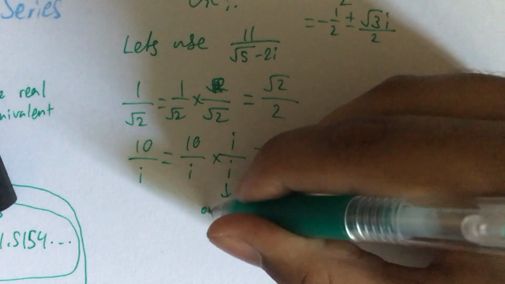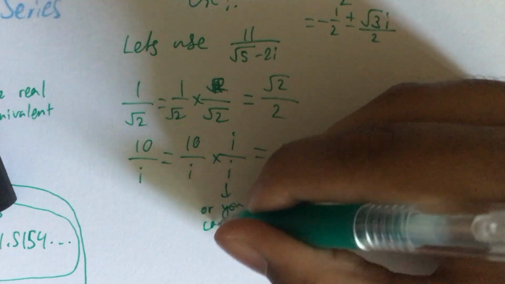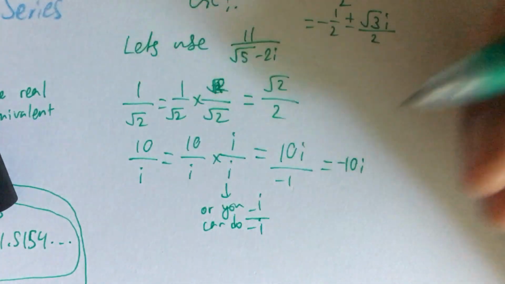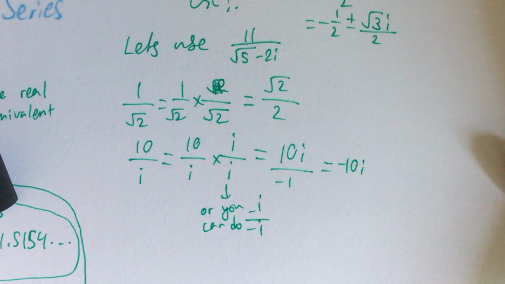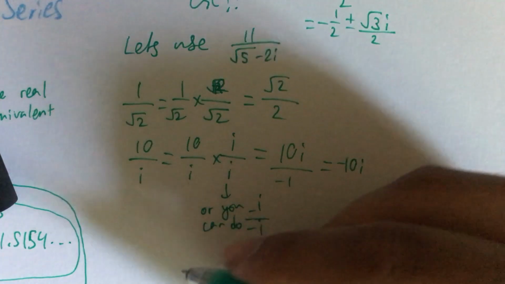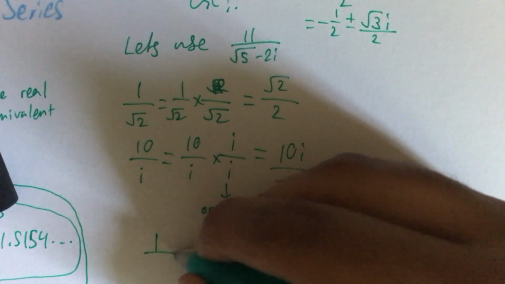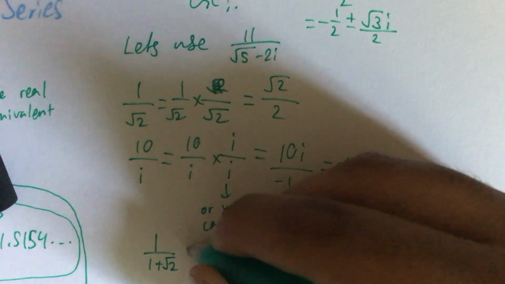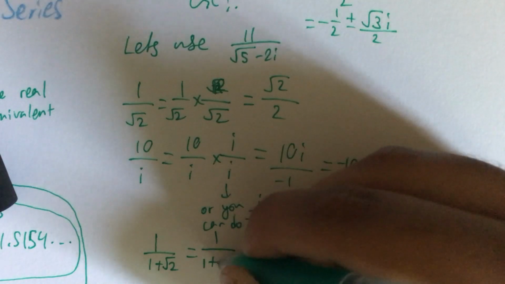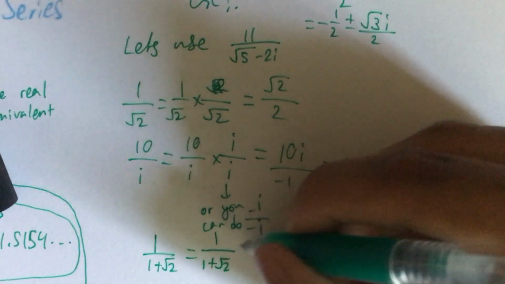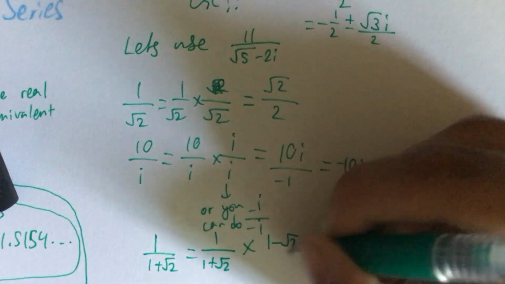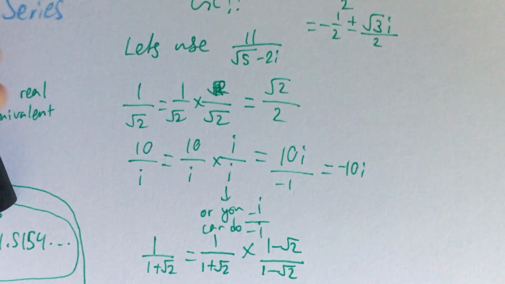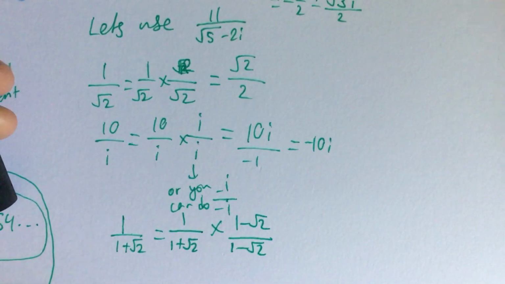But if you get something in surds like 1 over 1 plus square root 2, for example, then you would multiply it by 1 minus square root 2 over 1 minus square root 2, which is the conjugate for surds. And likewise in complex numbers, you use the conjugate. For example, let's use the same kind of example: 1 over 1 plus i, you just times it by 1 minus i over 1 minus i, and you can resolve the i at the bottom.